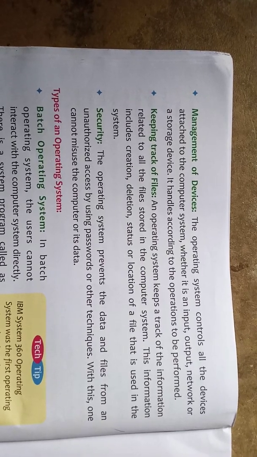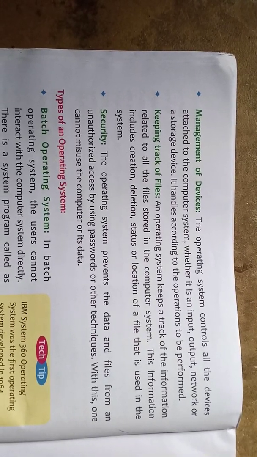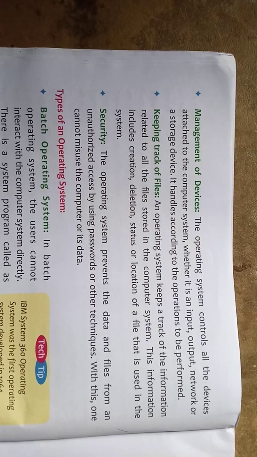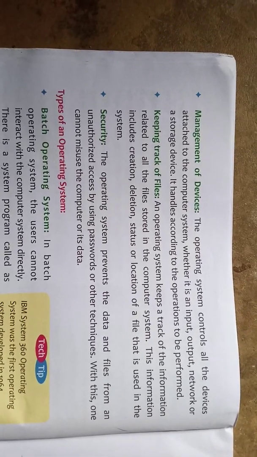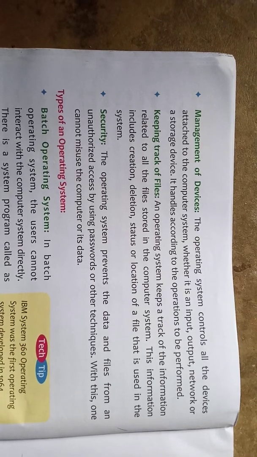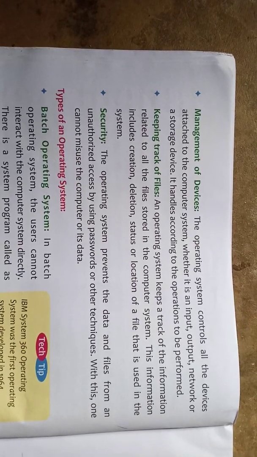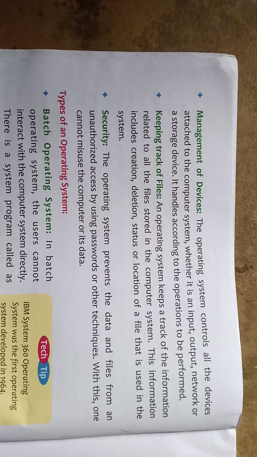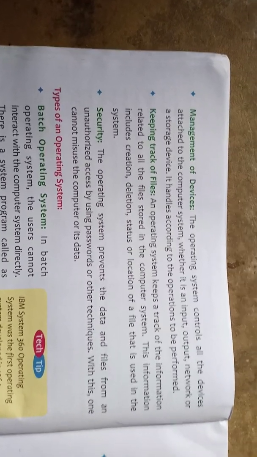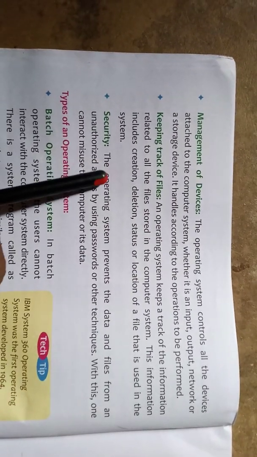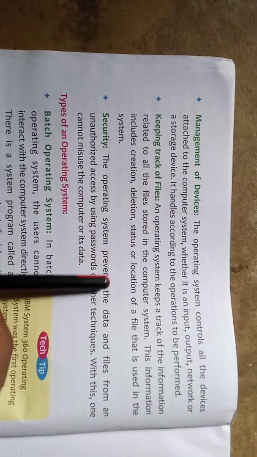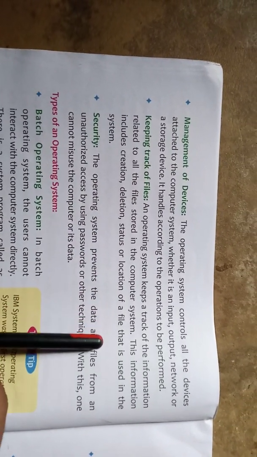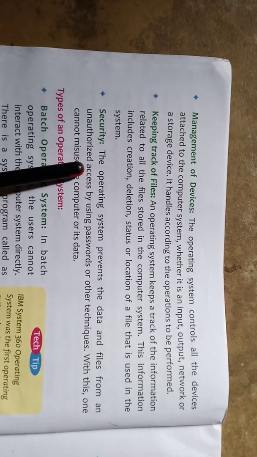An operating system keeps track of the information related to all the files stored in the computer system. In a computer system we also have files. This information includes creation, deletion, status or location of a file that is used in the system.